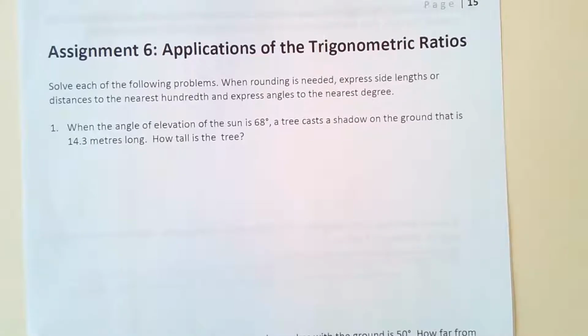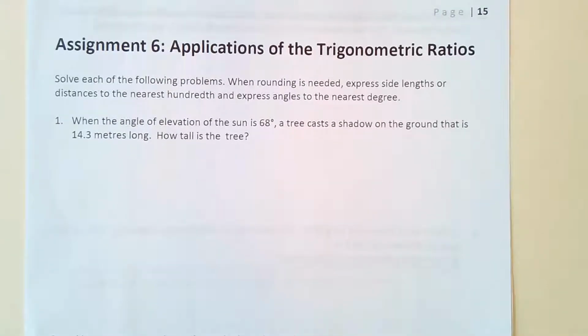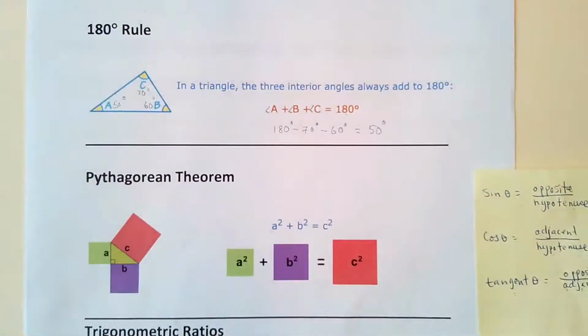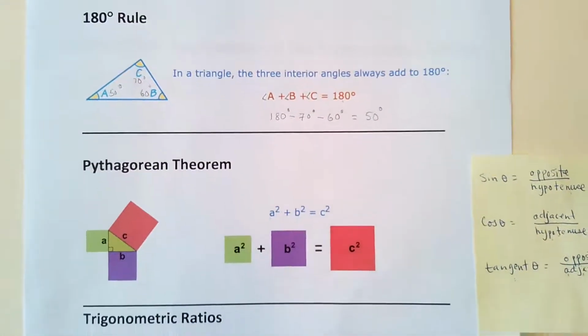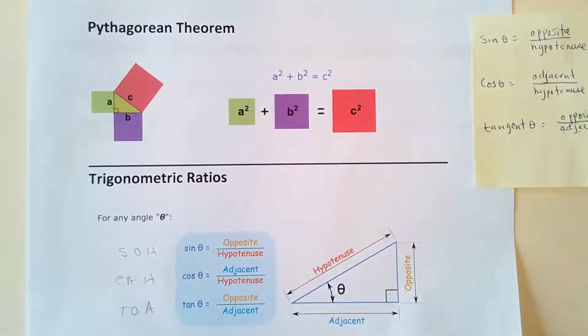Today we'll complete lesson 6 by looking at 6 different questions that utilize the 180 degrees rule, the Pythagorean theorem, and one of the trig ratios.